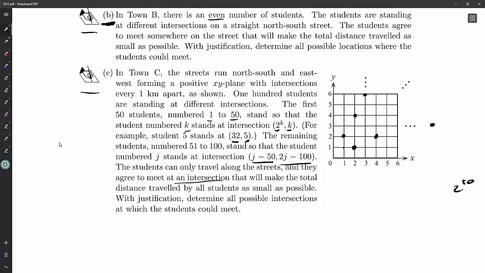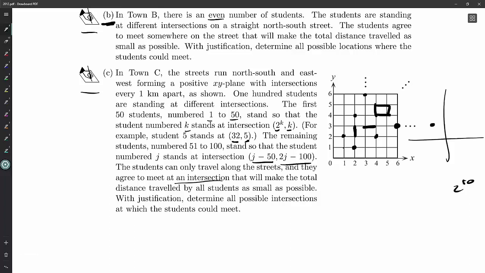Well, there's an even number of students, whether or not you organize them north, south, or east, west. So I could see there being as many as 4 different intersections all around sort of a square. Maybe not, could be 2 intersections in a line, or maybe there is just a single intersection they meet at, but those are the possibilities.